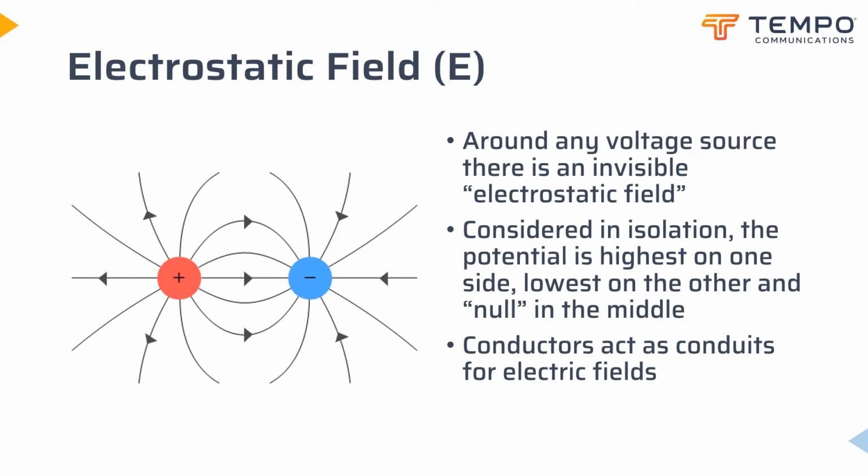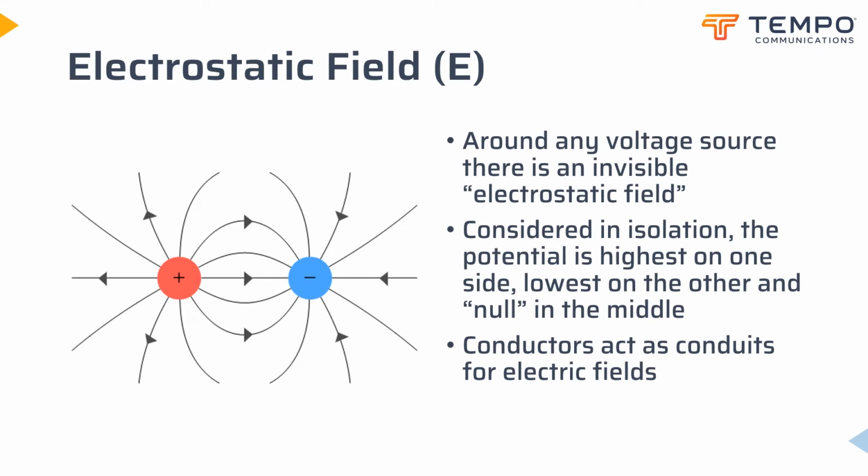Whether it's the 2 terminals of a battery or the output of a huge power station, wherever there is potential difference, also known as voltage, there will be an electrostatic field. One terminal will have a different voltage or potential to the other, one positive, the other negative, relative to each other.